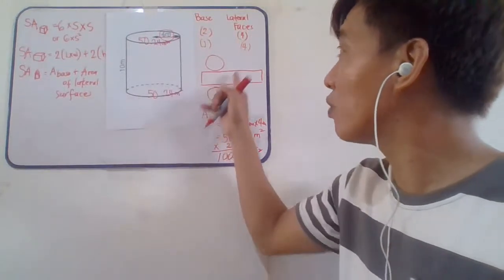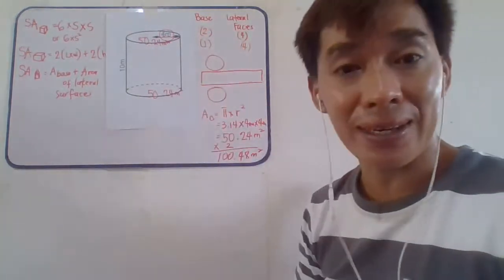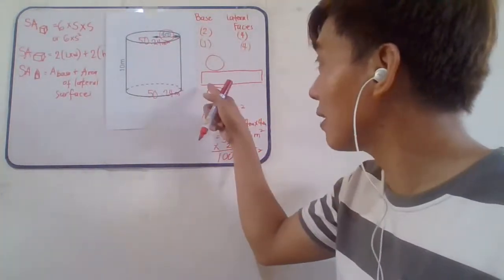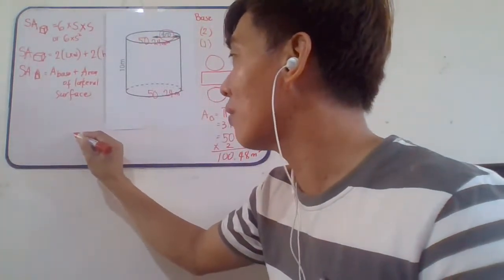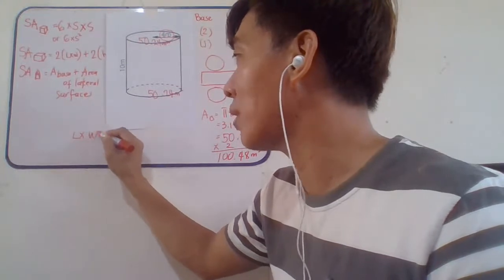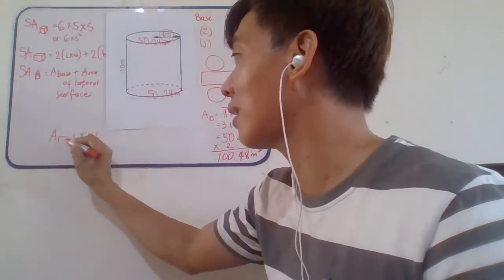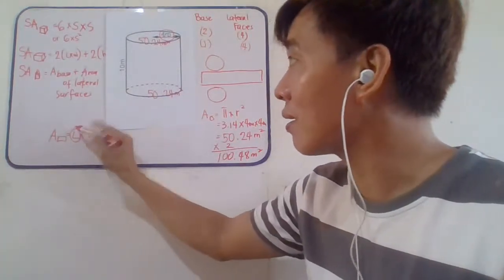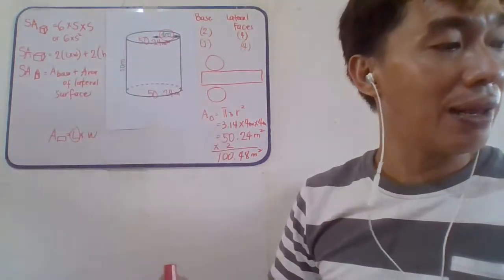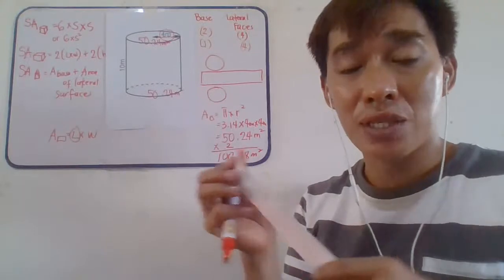The next thing that we have to do is to get the area of the lateral face. And to get the area of the lateral face, it looks like a rectangle. So that is equal to, rectangle is length times width. Area of the rectangle, length times width. But remember, the length here is the length of this rectangle.